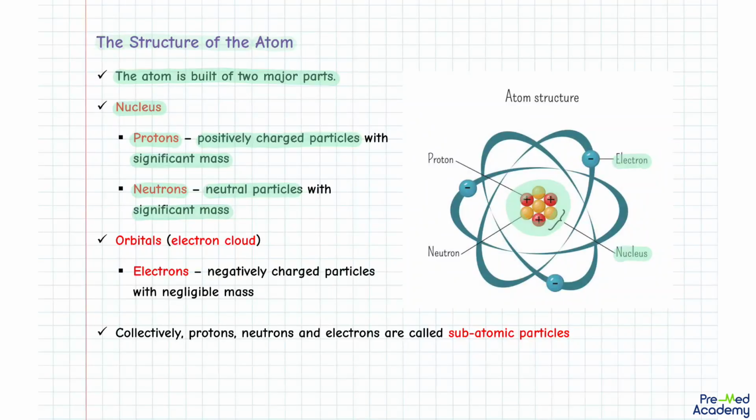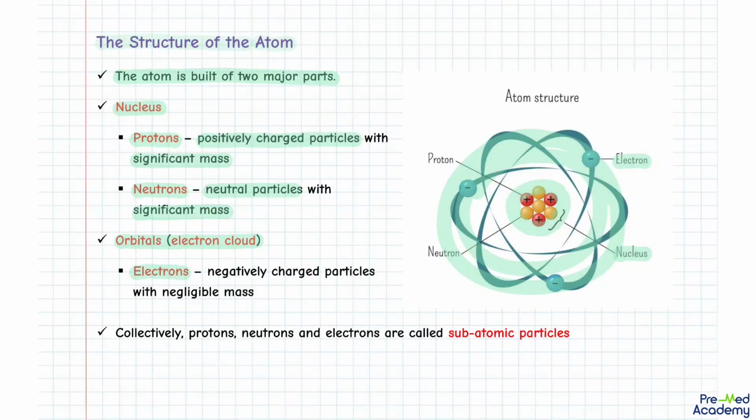Let's continue to electrons. Electrons are very small particles, which we find in orbitals, which make up the outer part of the atom. The orbitals are also called the electron cloud, because the electrons move through them and form a kind of cloud around the nucleus.